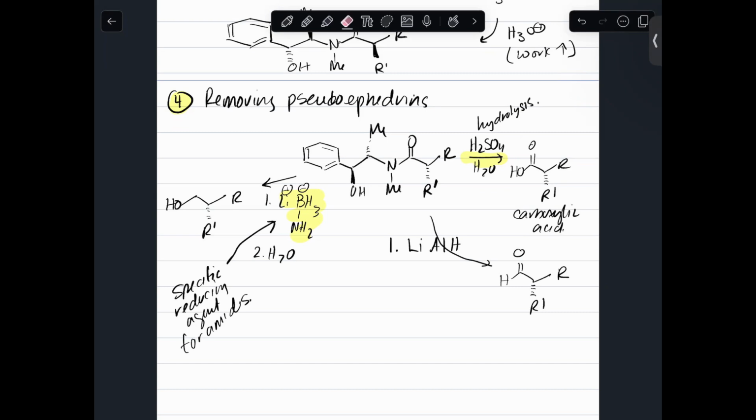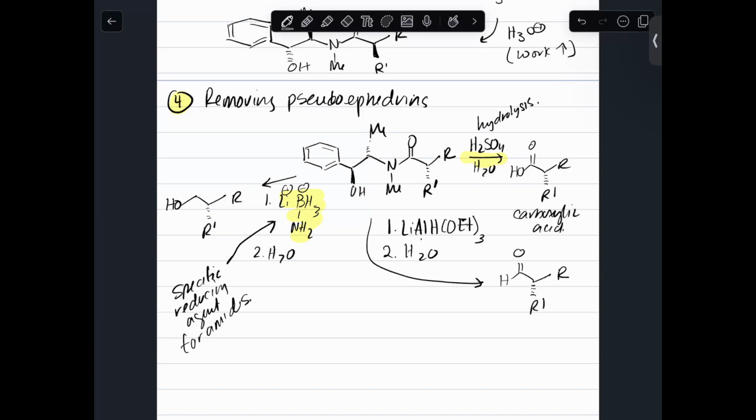Actually, let me move it a little bit so that you can see the whole thing. And so if you notice, it's not just your typical lithium aluminum hydride, right?